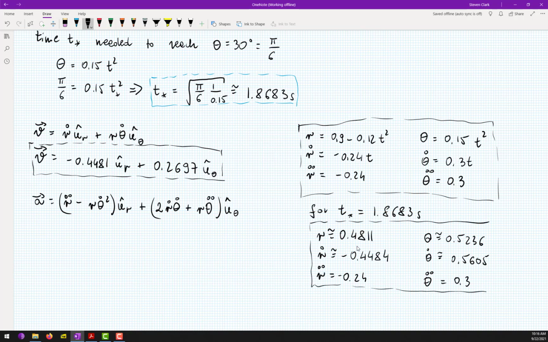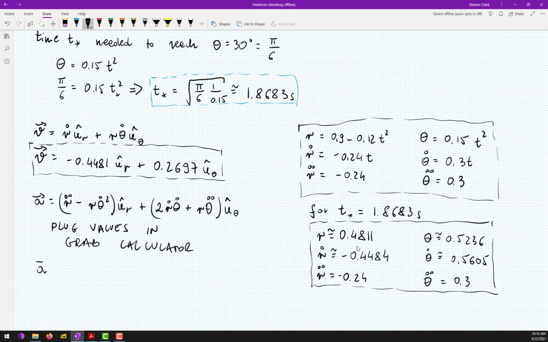Okay. What's the next step? Plug them in and grab your calculator. Yes, exactly. Plug values in. Grab calculator.